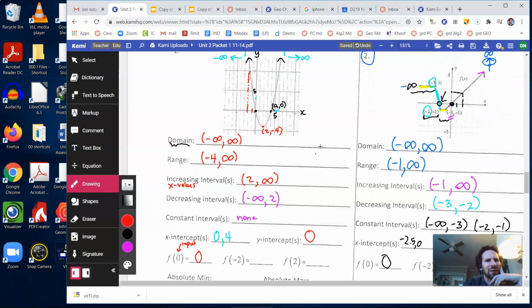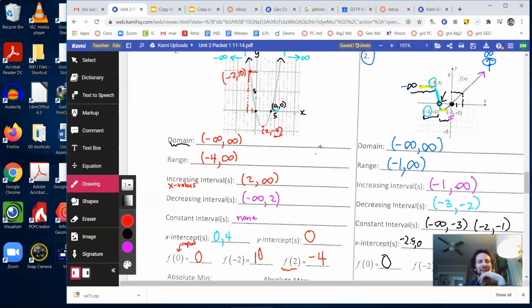It looks like maybe 10 is the output right here. So at this point on the graph, it's (-2, 10). So 10 is the output. Let's make that a little more clear. And then if 2 is the input, for this last one, what's the output? It's this, -4.